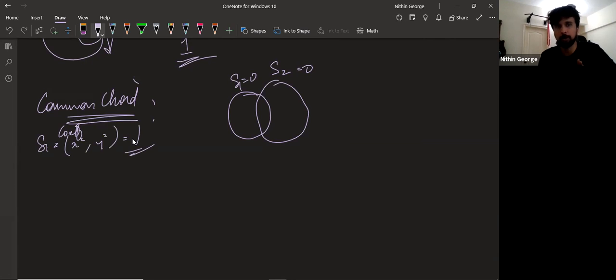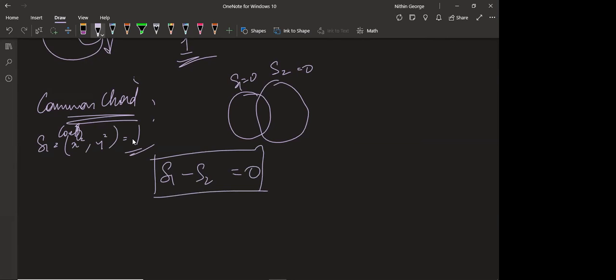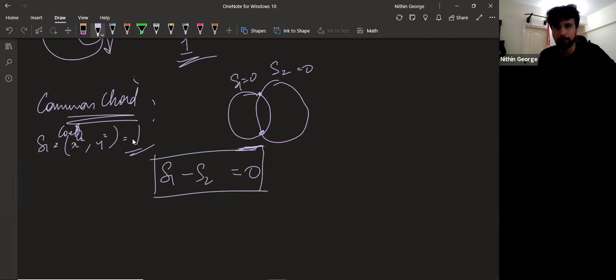Now to find the common chord, you simply do S1 minus S2 equal to 0. Yes, yes. Sir, I was going to say it will pass through the two intersection points. Yes, it will pass through the two intersection points. So basically what you should do is solve for S1 and S2, find the two intersection points and connect them to make a line.